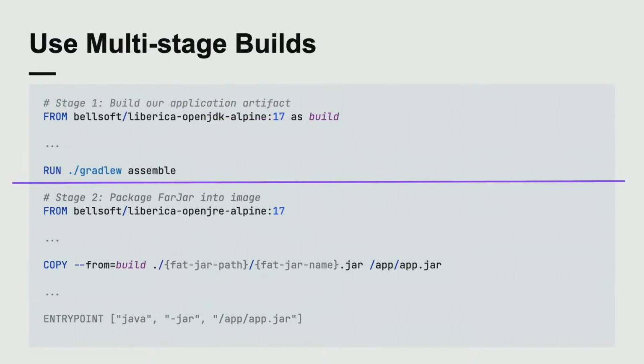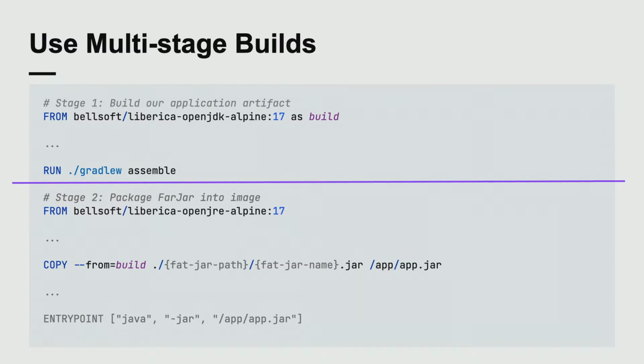When we build the Docker image, we usually don't want to build the jar file on our local machine. We hope we can build the fat jar and also the Docker image on a CI server. So we can apply a tactic using multi-stage builds in your Dockerfile. In the first part of your Dockerfile, we can use the OpenJDK from Liberica as a build tool, so you can run your Gradle wrapper to assemble your application into a fat jar.